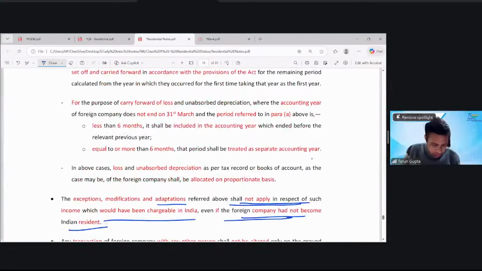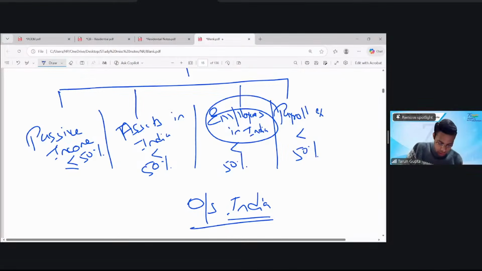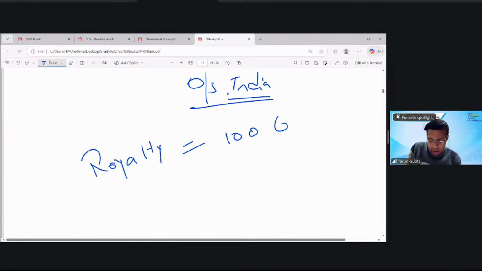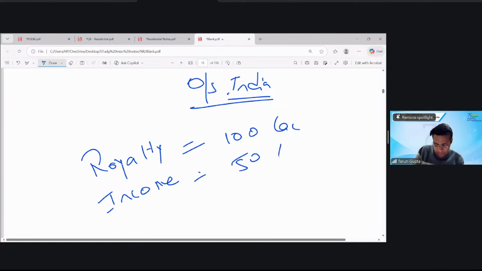Because of this, assuming there is royalty income of the company deriving from India, and this is taxable, say 100 lakhs, whether or not the company is resident. So it was taxable even if POEM was not in India. Now, because POEM is in India, there is additional income for this year, say rupees 50 lakh.